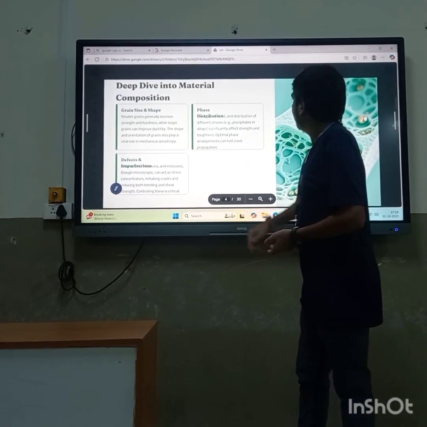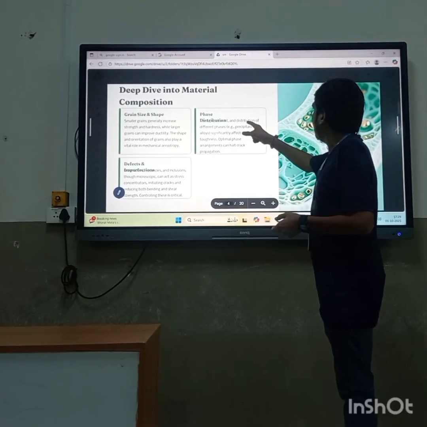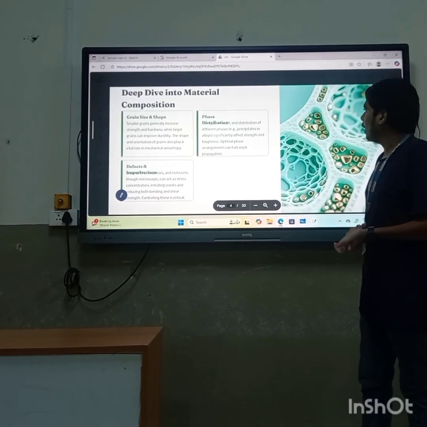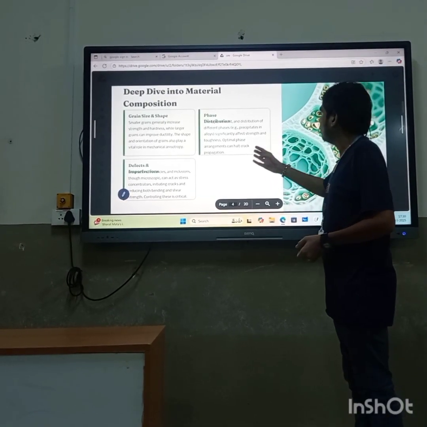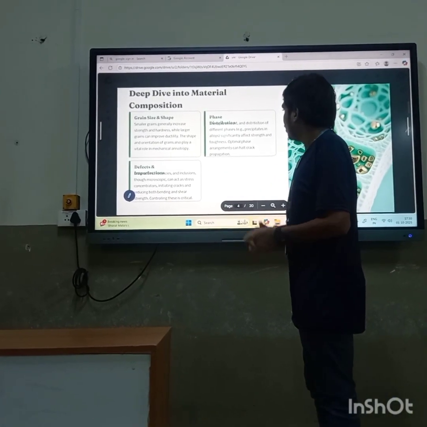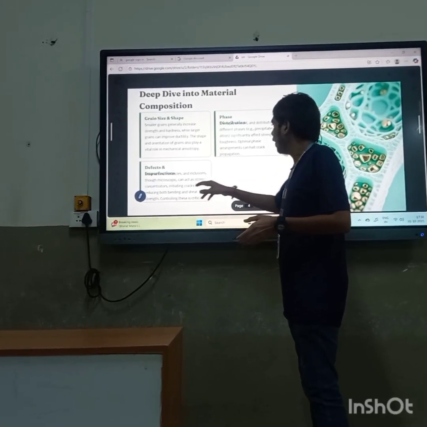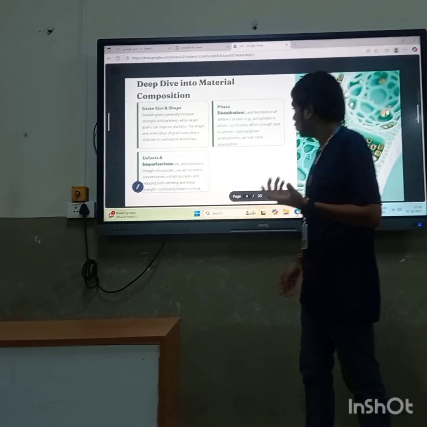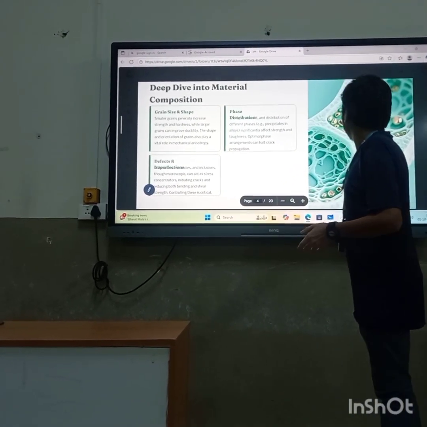Then phase distribution: the type, amount and distribution of different phases, for example precipitates in alloys, significantly affect strength and toughness. Defects and imperfections, such as voids and inclusions, are microscopic and can act as stress concentrators, initiating cracks.